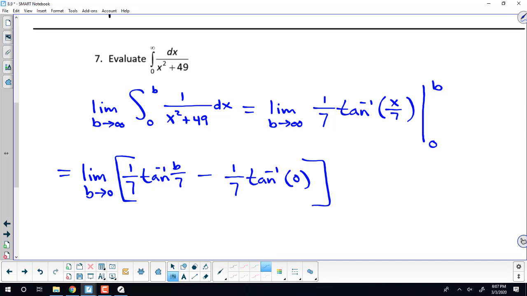Sorry, that's an inverse tangent there, our argument of b over 7, as b approaches infinity. Inverse tangent of 0 is 0, since tangent of 0 is 0. How about as b approaches infinity, what happens here with the inverse tangent of b over 7? Yeah, pi over 2.